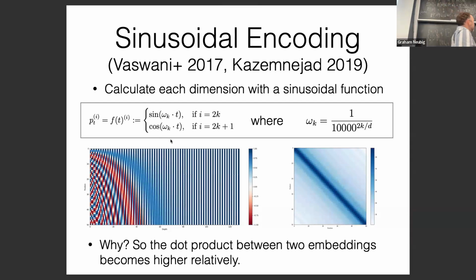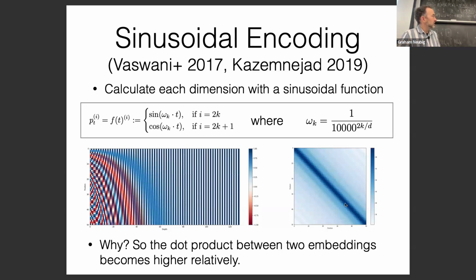The motivation behind this, the reason why this was done originally, is that if you look at the dot product between two embeddings, it becomes relatively high if they are closer together. So this gives you a strong bias towards, at least at the very beginning, attending to things that are close together.